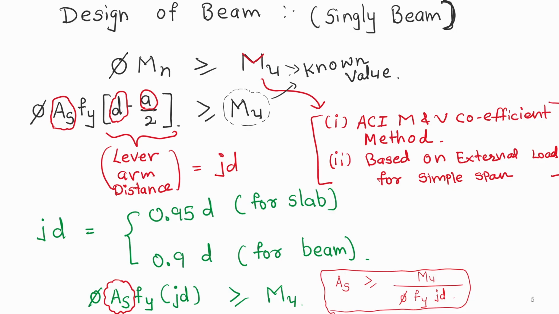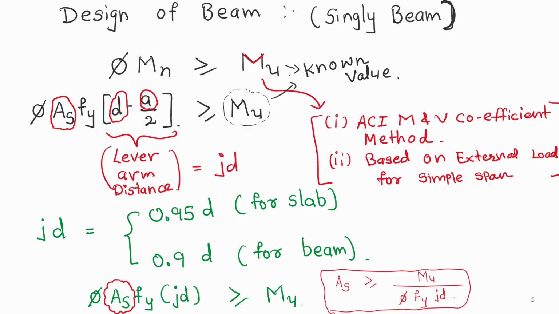So what we have to determine is the moment using the external load. We need to figure out if we have only dead load, live load, earthquake, wind, etc. And if we have a simply supported beam, we use qL²/8 for distributed load, or the formula for a point force, or, for a continuous beam, in the majority of cases we are using software to determine the extremes, or you can use the ACI M and V coefficient method.